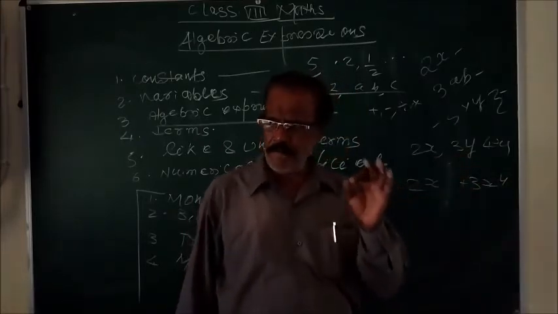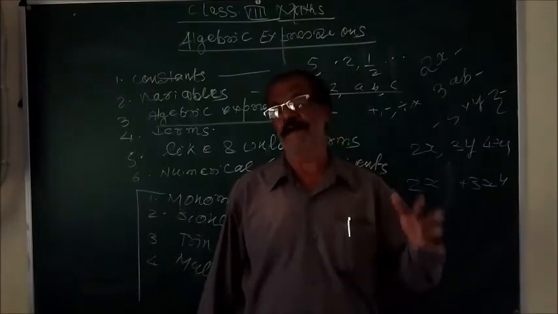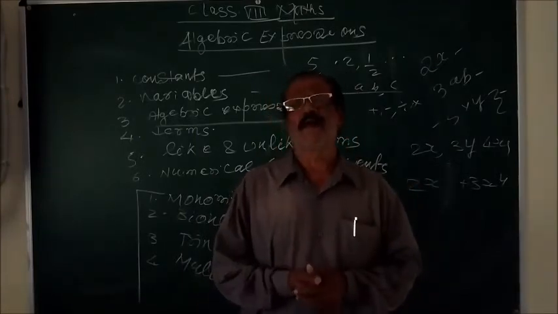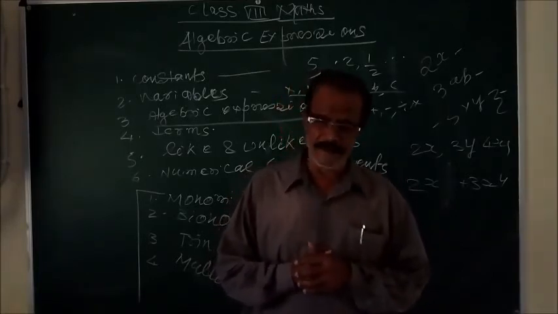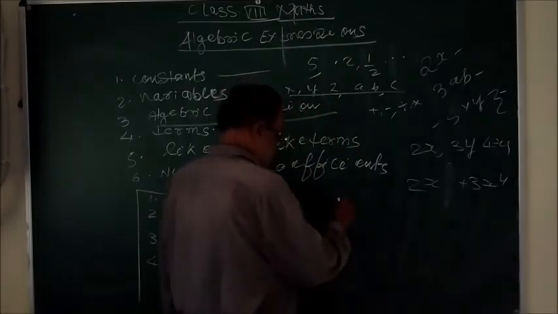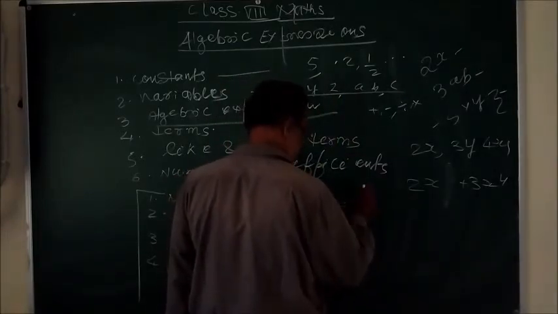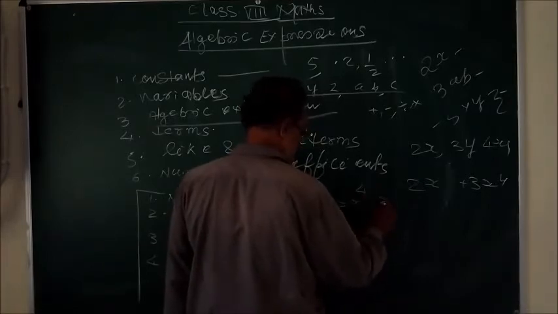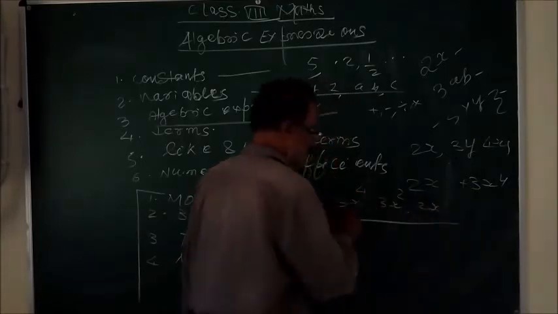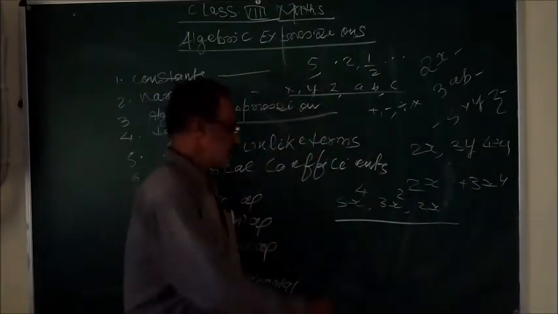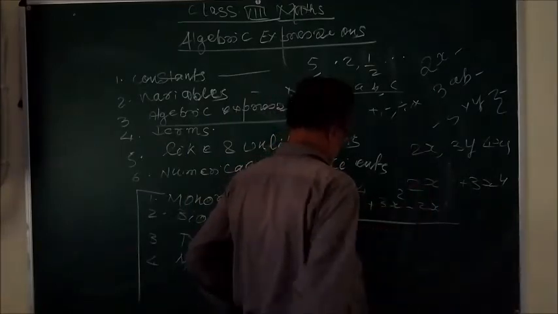So the maximum power of the variable in any algebraic expression is called the degree of the polynomial. I would like to remind once again, suppose this is the expression 5x power 4, 3x squared, 2x. Now these three terms are connected by positive or negative signs.